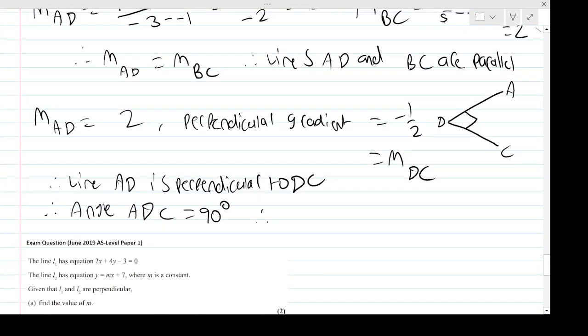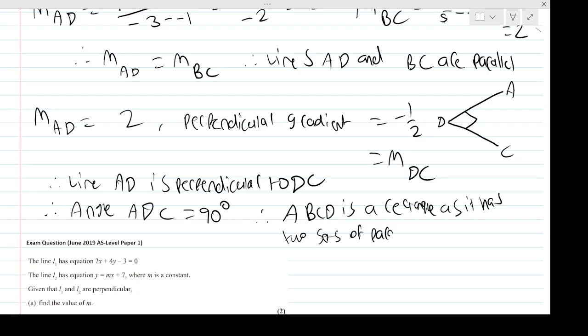Therefore the overall shape ABCD is a rectangle, as it has two sets of parallel sides, as we worked out, and the angles in the shape are right angles.